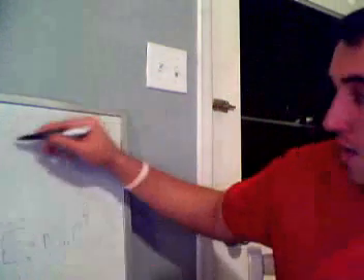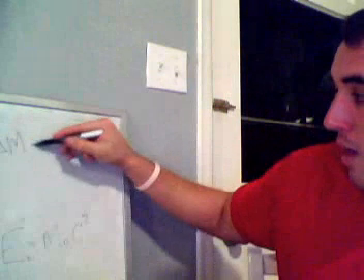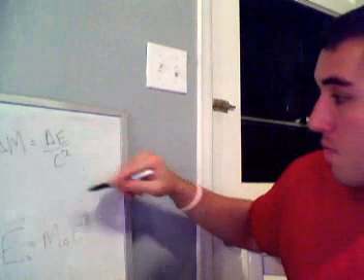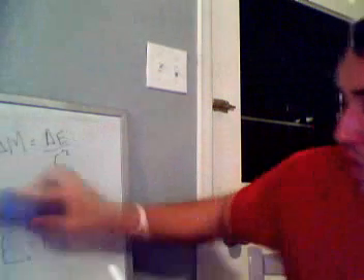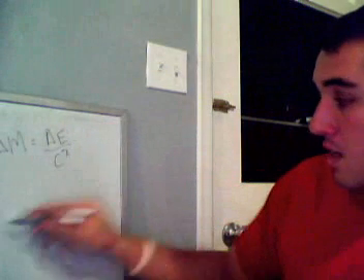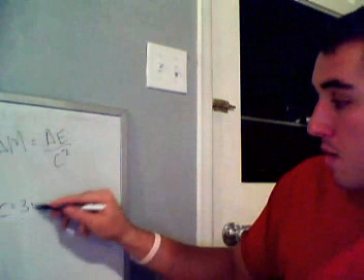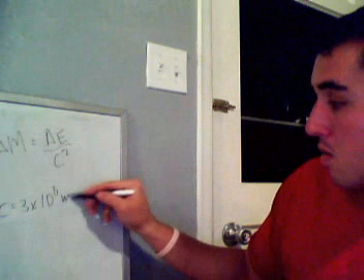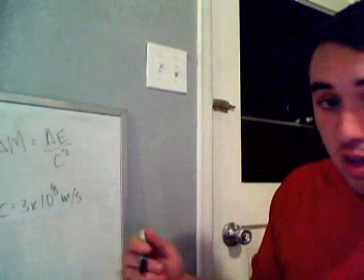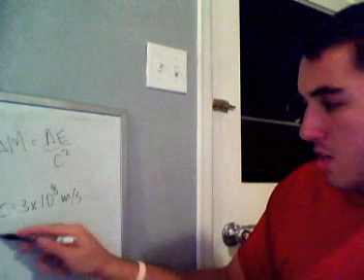The reason this happens is that the change in the mass equals the change in the energy over c squared. And you don't actually change the mass by that much, because c, the speed of light, is equal to 3 times 10 to the 8 meters per second.